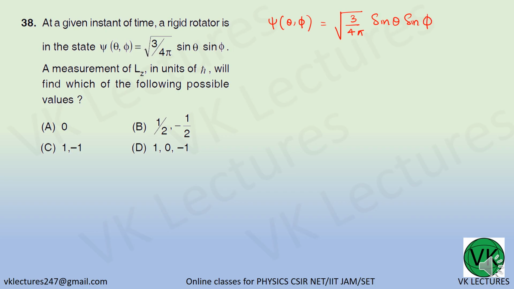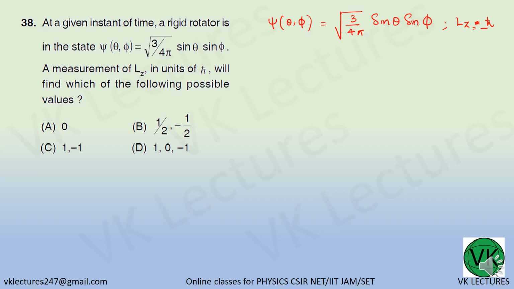The measurement of L_z in units of h cross. So we need L_z in the unit of h cross. We'll find the value, which of the following possible values. Now we have already been given the state.